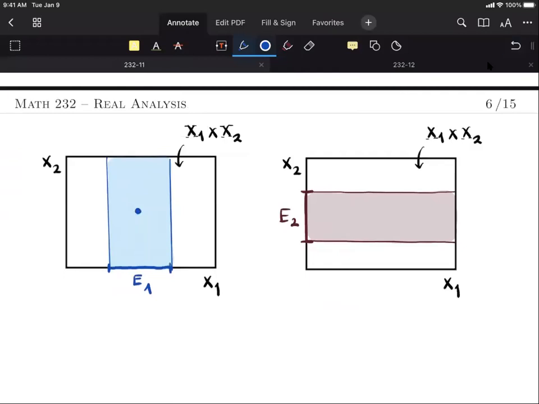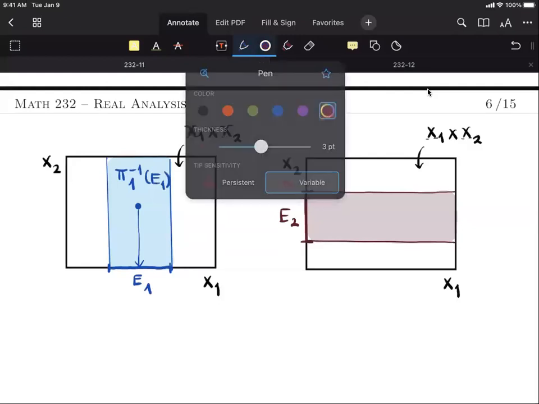The set of all points that satisfy this property will be this shaded region here. So this would be the inverse image of the projection pi 1 of the set E sub 1.